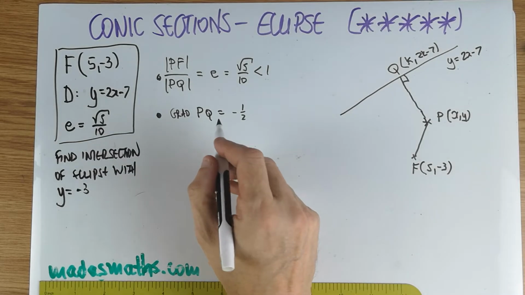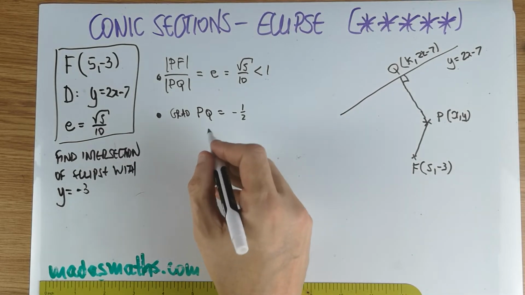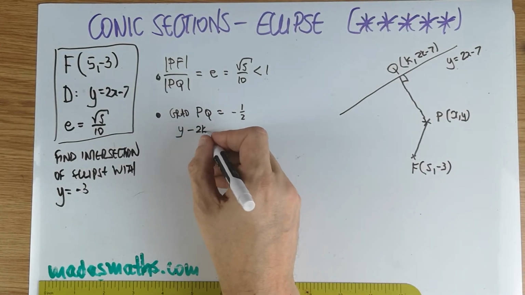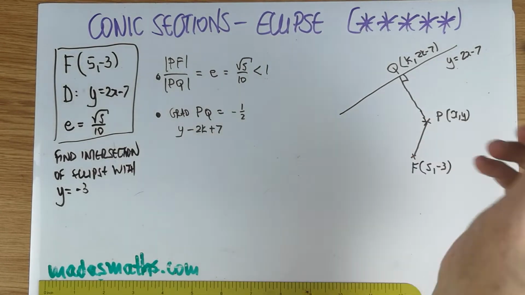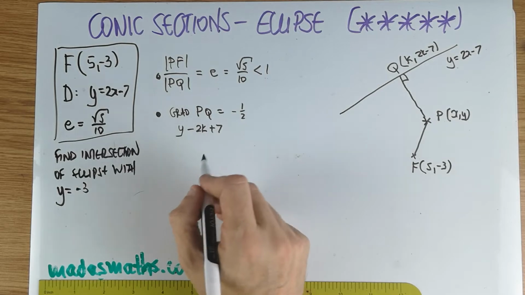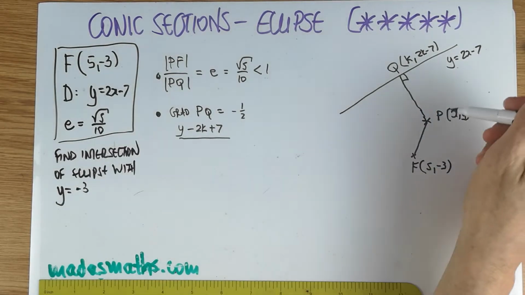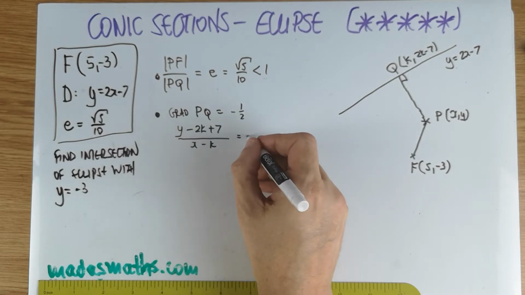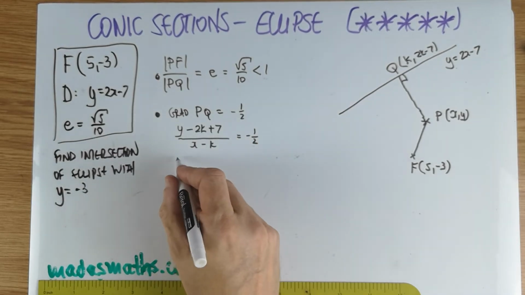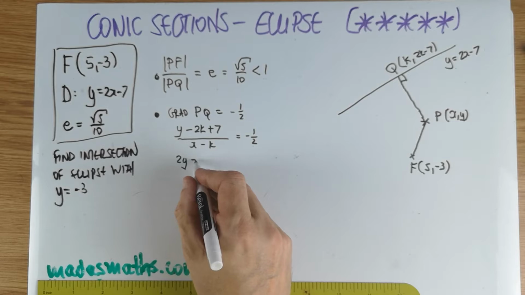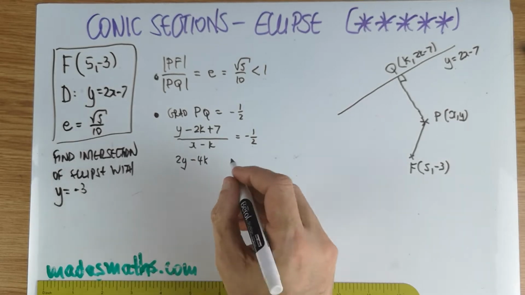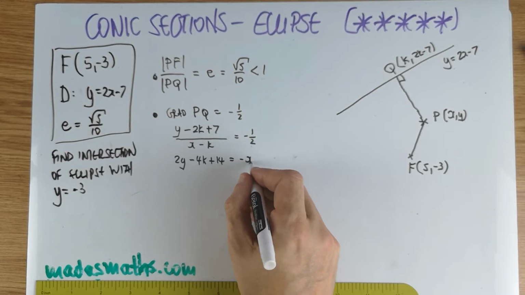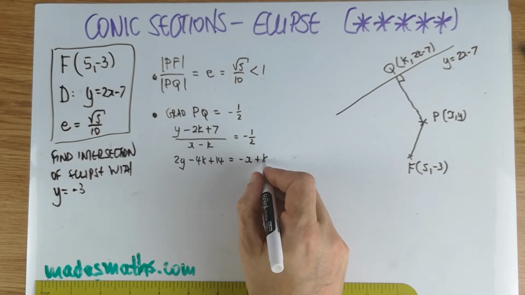Difference of y, so y - 2k + 7, over x - k, is equal to -1/2. So 2y - 4k + 14 = -x + k.